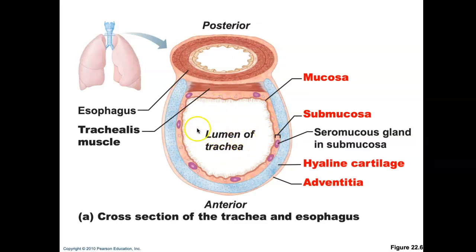Okay, good. What I think is interesting about this trachealis muscle here is that you can see that there's no cartilage here, right? So if you are consuming food, and the piece of food is too big, you can actually press into the trachealis muscle and move that structure out into the lumen of the trachea.